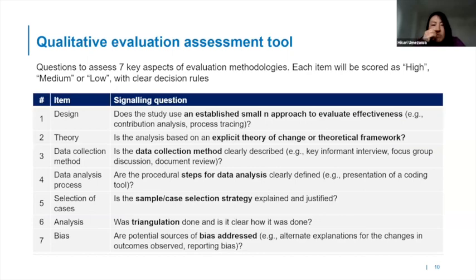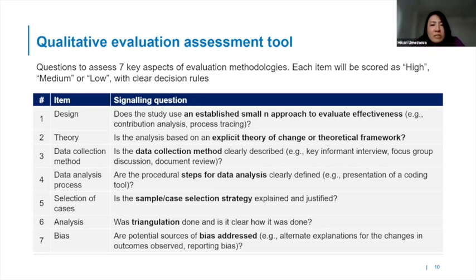So this is our assessment tool. As I said earlier, there are 7 criteria and associated signaling questions. The first criterion is on study design, and the signaling question asks whether the study uses an established small N approach to evaluate the effectiveness of the intervention, for example, contribution analysis and process tracing.